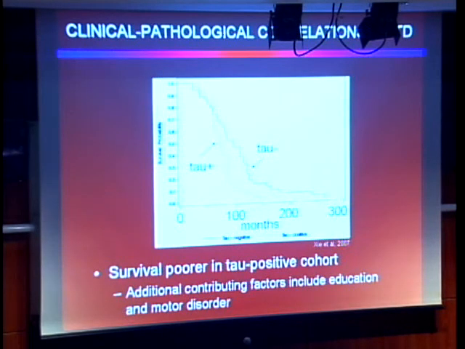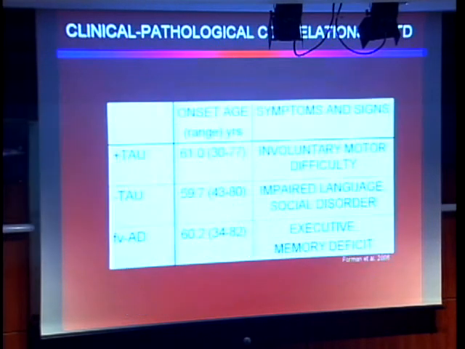This is months of survival. And as you can see here, the average survival for the tau positive cohort is on the order of about 70 or 80 months. And in the tau negative cohort, the average survival is more than 100 months. We think that this is important information for us to be able to share with family members so that we can help with your planning.